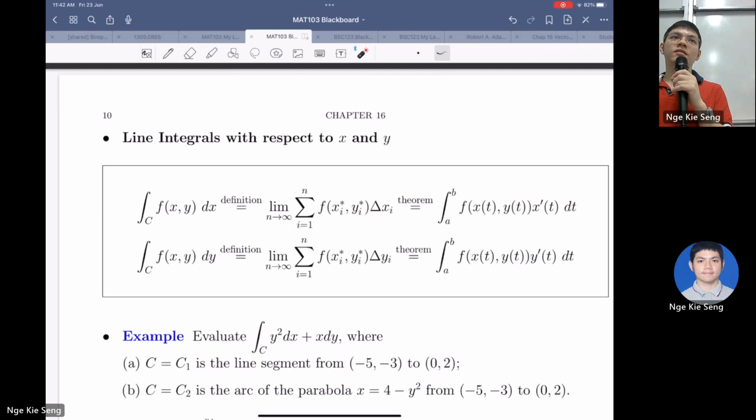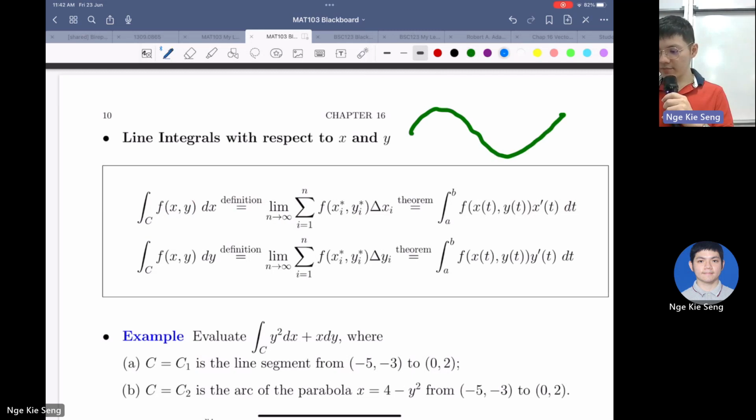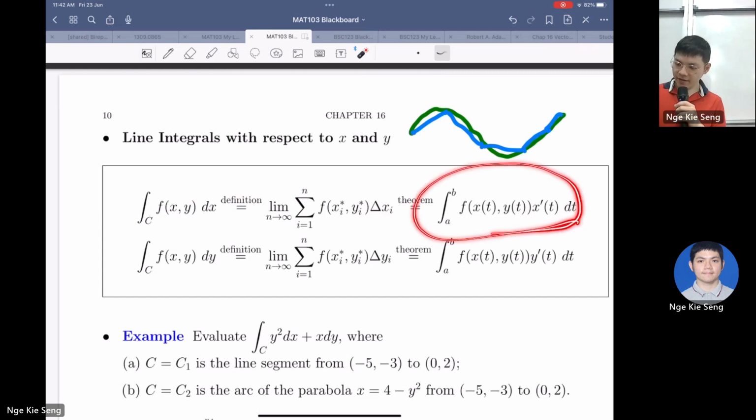So let me draw some curve. You have some curve and then you have some secants maybe. You get more and more secants here, but now you only cut in the x direction, so you're cutting in this direction.